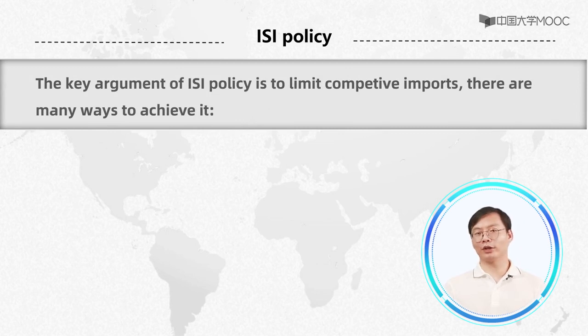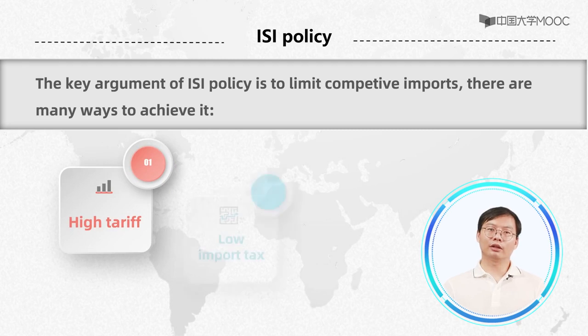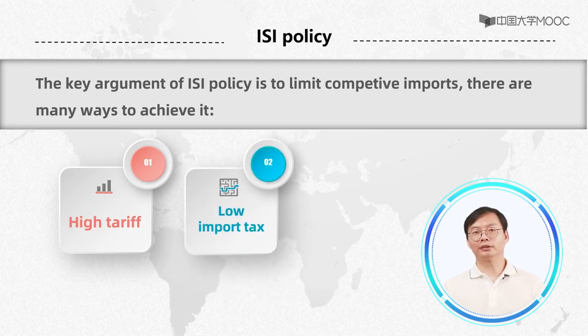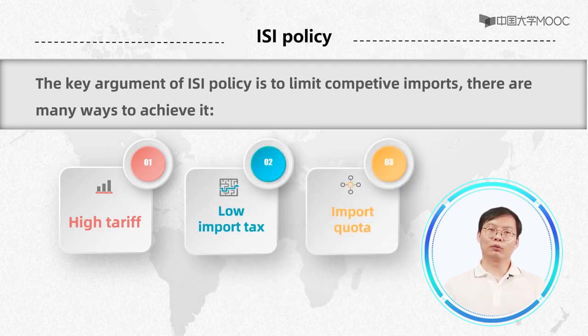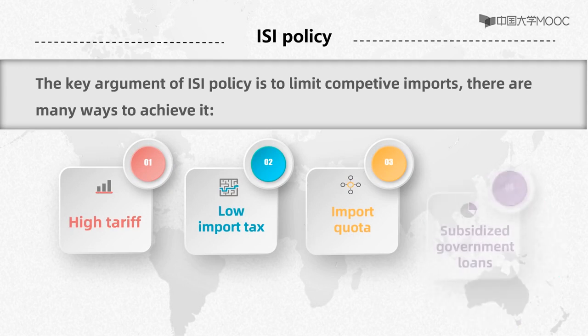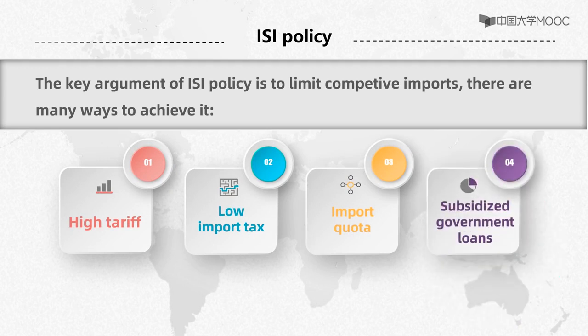There are many ways to achieve that. For example, high tariffs, low import tax, and import quotas. Another way is subsidized government loans.